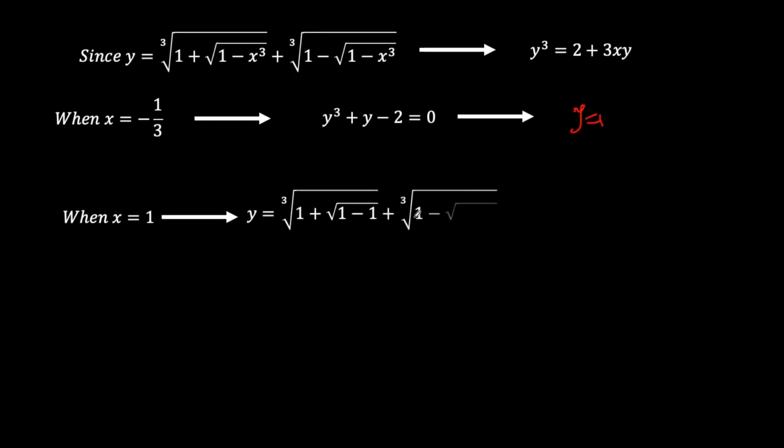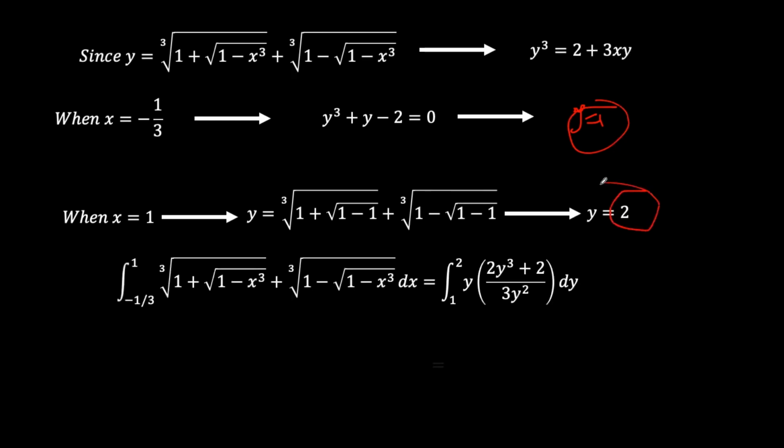And then the next thing, we also know that when x equals 1, we can substitute in 1, and what we find out is that y is equal to 2. So the lower limit is y equals 1, and the upper limit is y equals 2, right? And so our integration now becomes the integration from y equals 1 to y equals 2 of y, which comes in place of this complicated expression, times dx. dx here we found to be (2y cubed plus 2) over 3y squared.